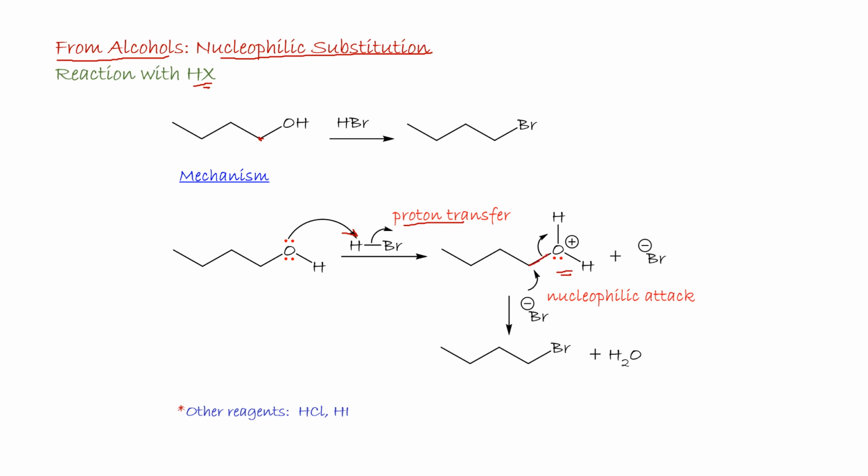So the Br minus will attack, here is primary carbon, and since it is primary carbon, this will be SN2 mechanism to form the alkyl bromide and water. You can apply here HBr, could be HCl or HI.